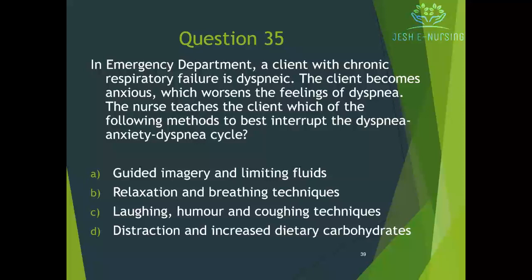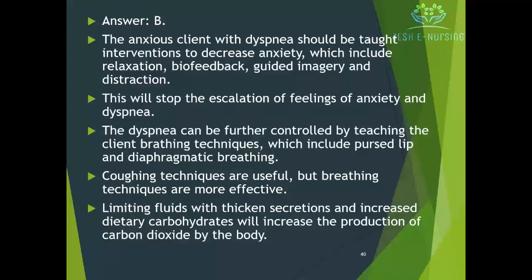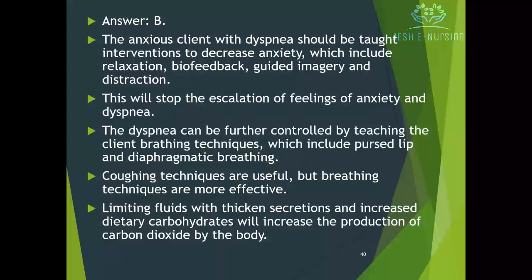So which will be the answer? Answer is B. The anxious client with dyspnea is always taught interventions to decrease the anxiety, which include relaxation, biofeedback, guided imagery, and distraction. These are the interventions we always have to focus on.